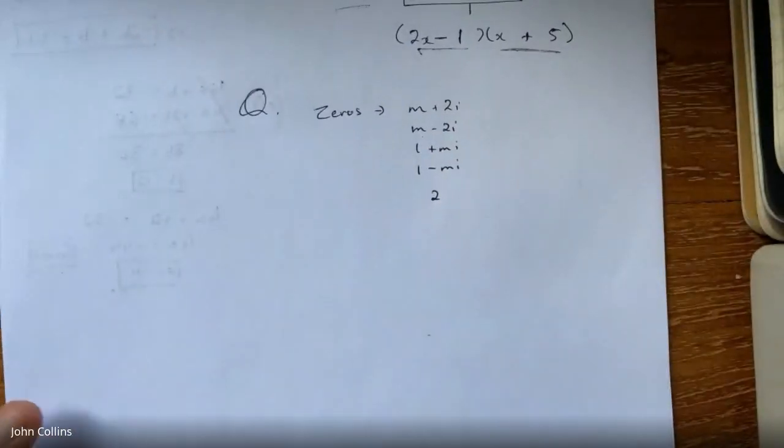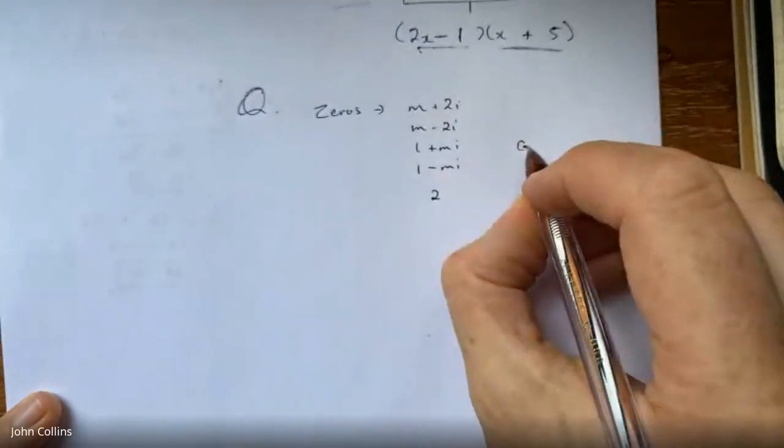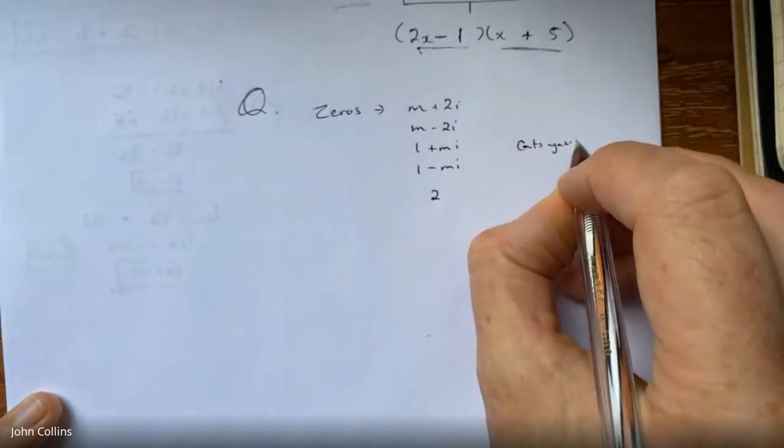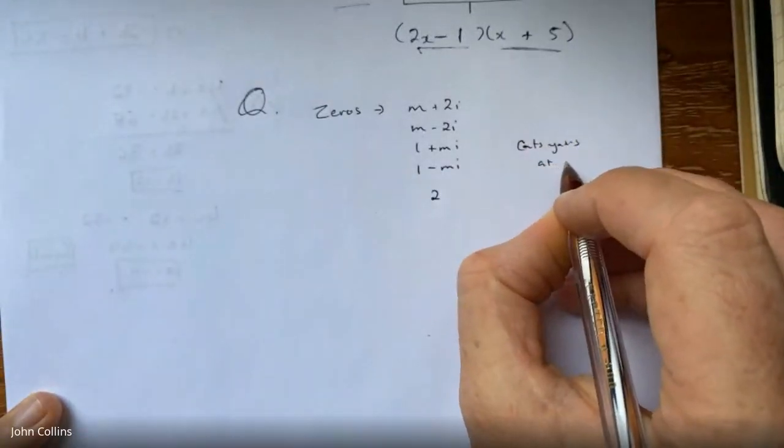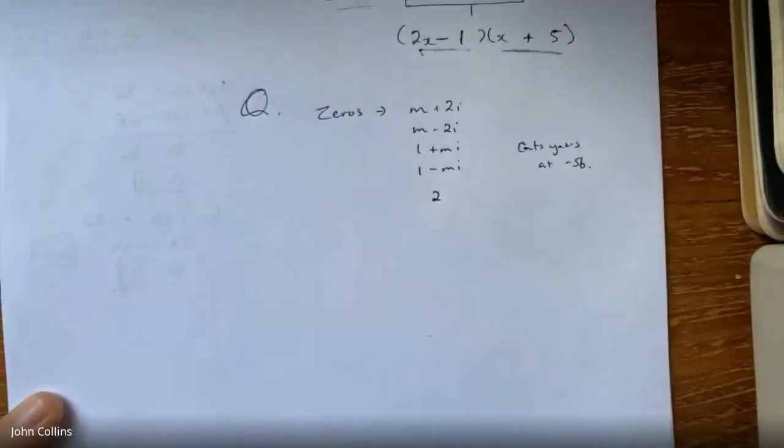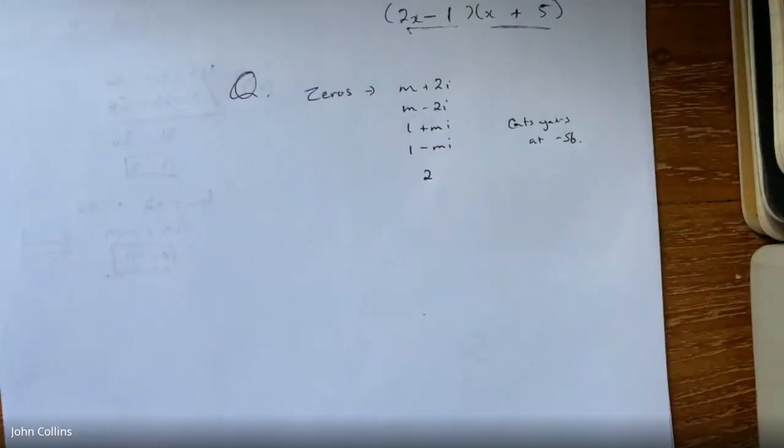All right, so that's all its zeros. M is a real number, it's given in the question. And the polynomial cuts the y-axis at negative 56. Show that m is plus or minus root 3.